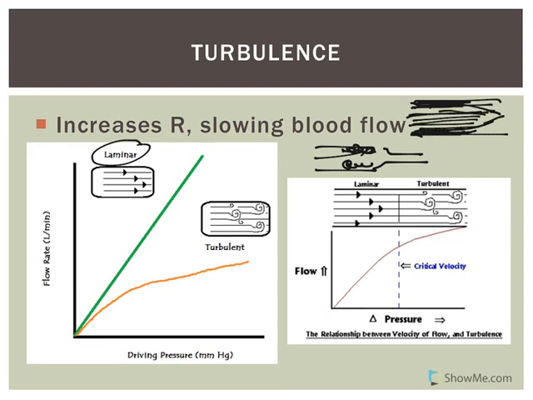But here are your layers, so it's like this. Now, what would happen if it, say, encounters a sudden change in vessel diameter or an irregular surface? What happens is these layers start to mix with each other and it creates turbulence.